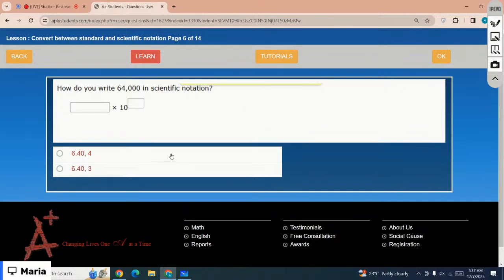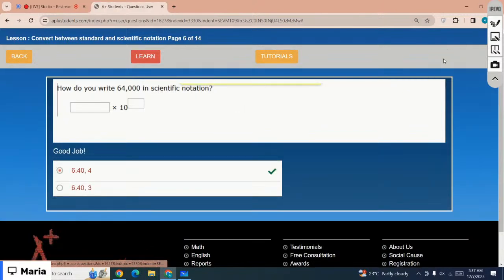Yes, option number 1 is the correct option. 6.4 times 10 exponent 4 it is, right?